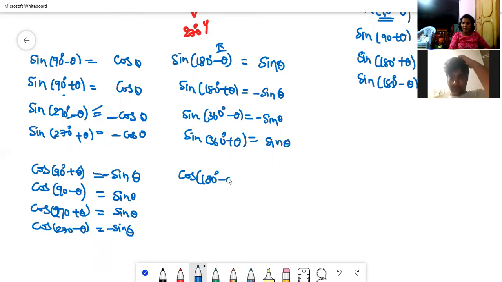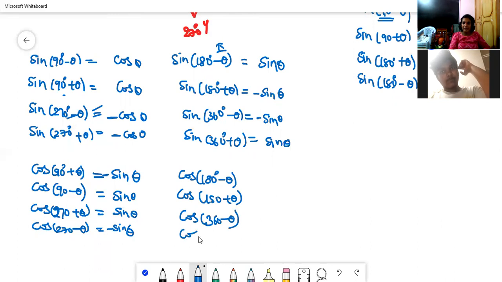Cos of 180 minus theta, cos of 180 plus theta, cos of 360 minus theta, cos of 360 plus theta. For cos, cos will come for 180 and 360.